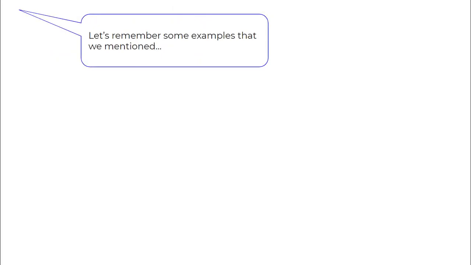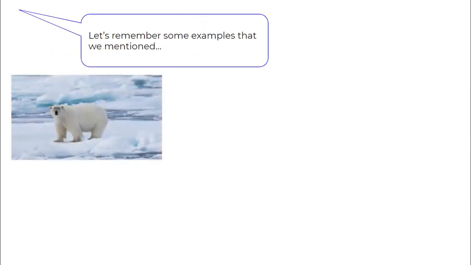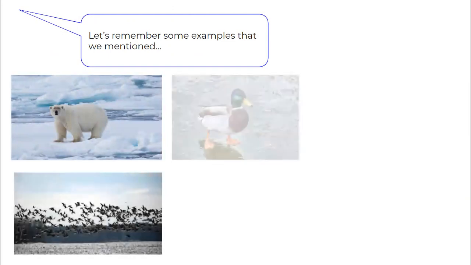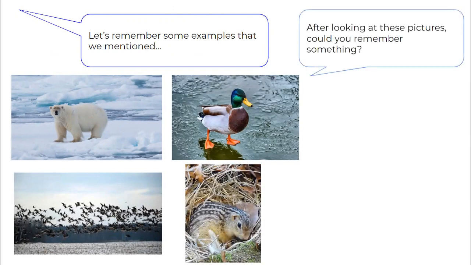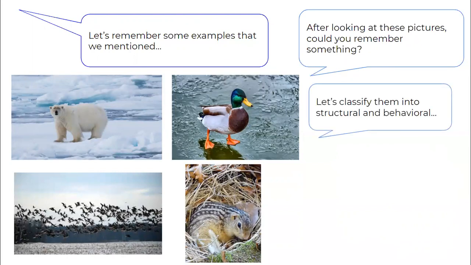Let's remember some examples that we mentioned. Look at these four pictures. After looking at these pictures, could you remember something? Let's classify these four types of adaptation into structural and behavioral.